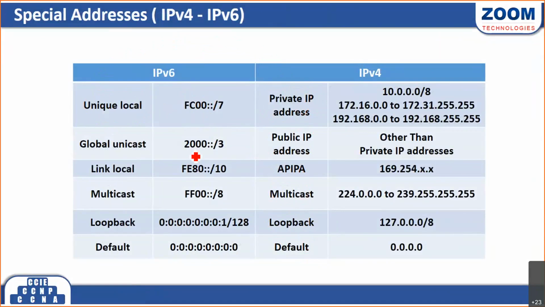Any address starting with 2 is global unicast, which is similar to public IP addresses. FE80 is link local, FF00 is multicast, and all zeros is default. These all are special IPv6 addresses. So we need to remember these things: FC, 2, FE, FF.